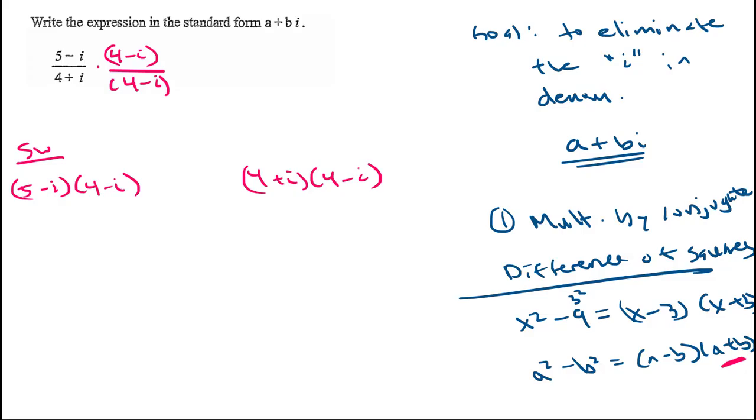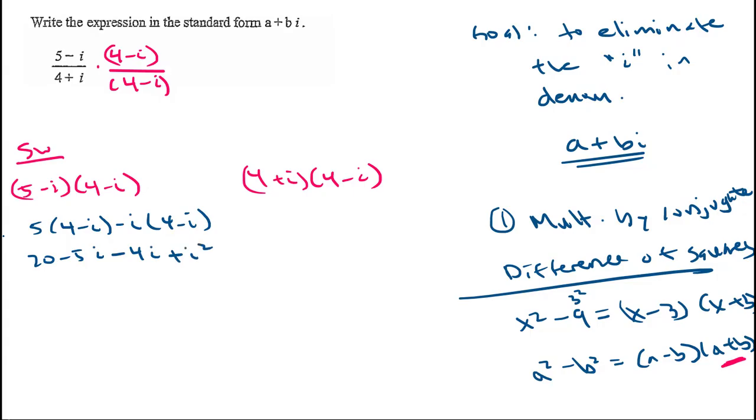Okay, so in this case, we're going to distribute that 5. So I have 5 times 4 minus I, and then minus I times 4 minus I. Again, I just do this a little bit differently, but it basically is the FOIL method. Okay, so that gives us 20 minus 5I minus 4I, and then plus I squared.